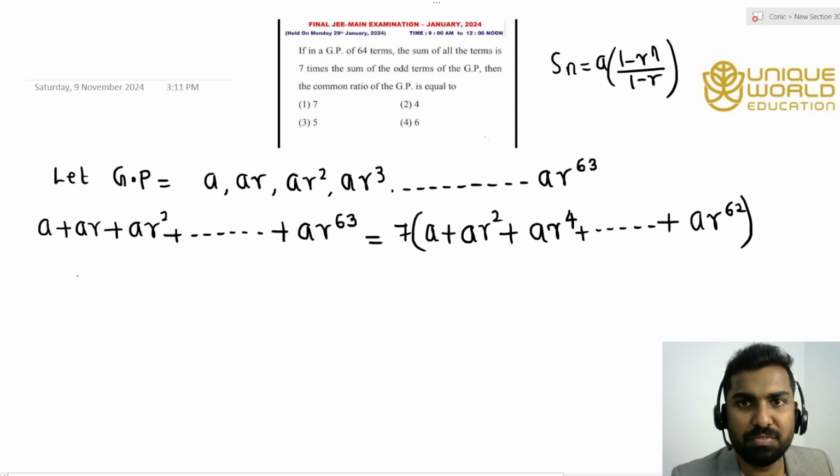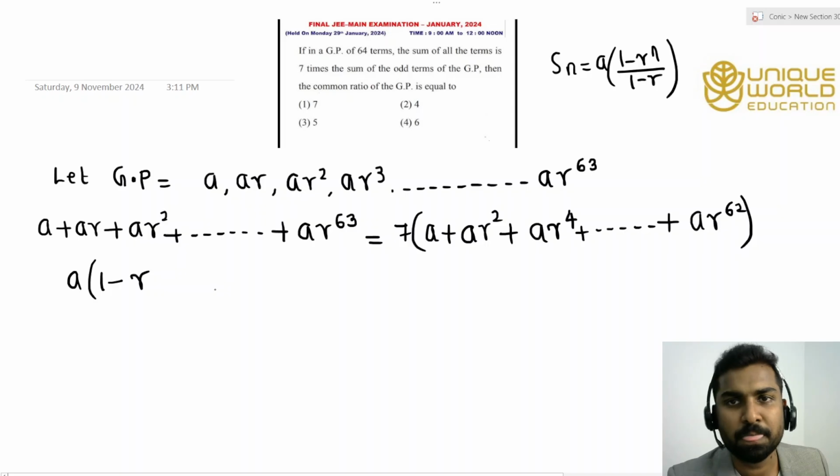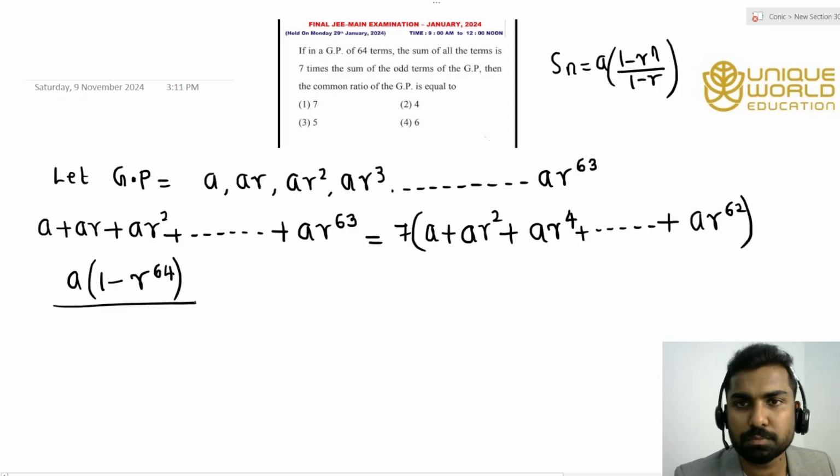So first term a, common ratio r. So a into 1 minus r to the power n, n is the number of terms, that is 64, divided by 1 minus r.